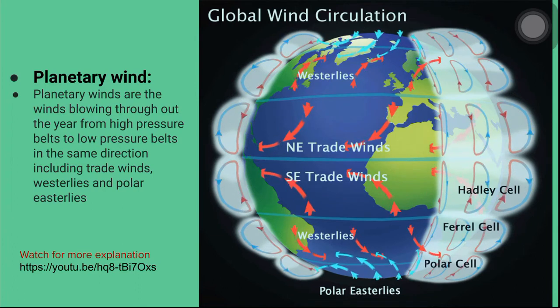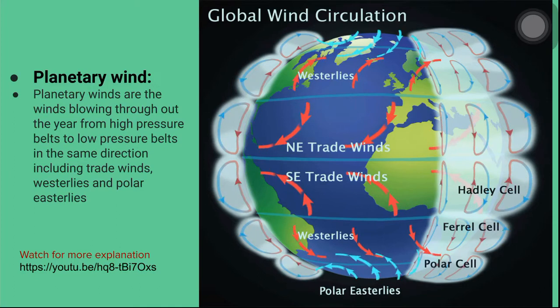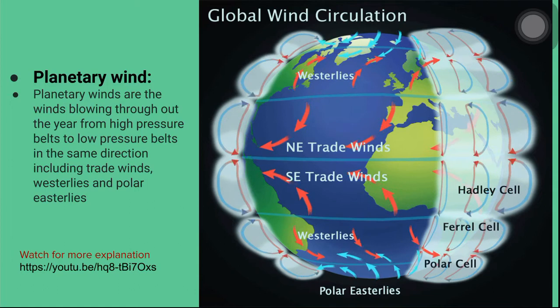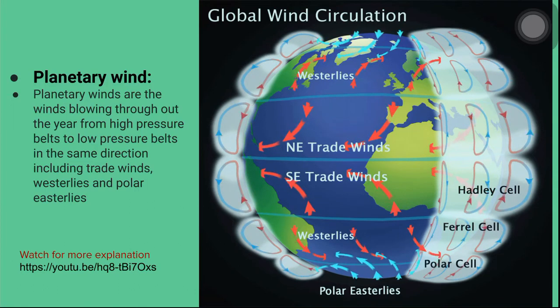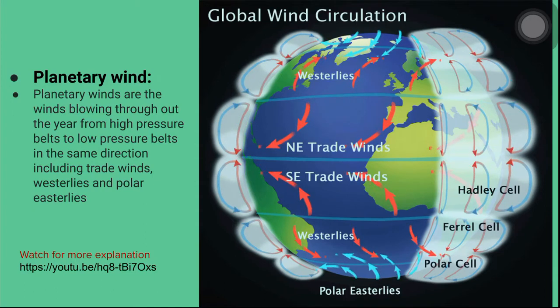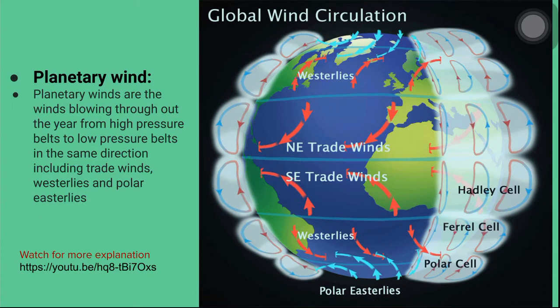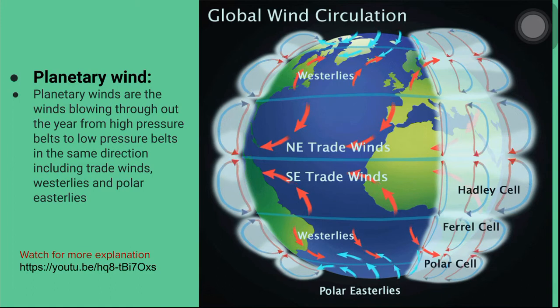You can see in this image, the Hadley Cell is in both the northern hemisphere, from the equator to 30° at the subtropical point, and the southern hemisphere. And this circulation is called the Hadley Cell. The air that blows across the surface toward the equator is known as trade wind.